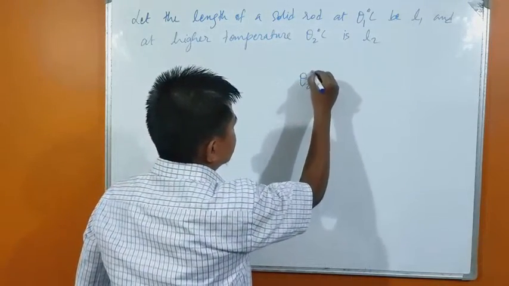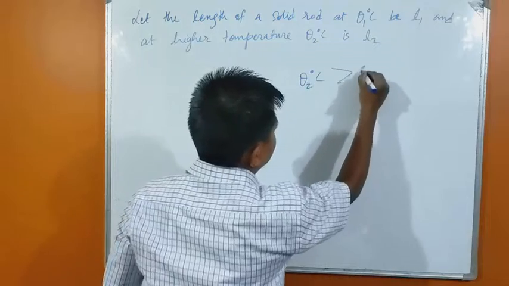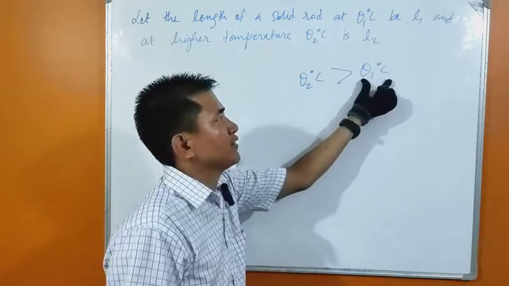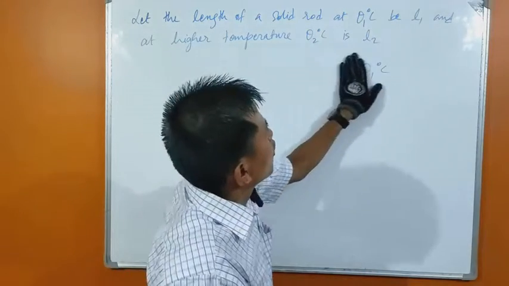Theta 2 degrees Celsius is greater than theta 1 degree Celsius. Theta 2 is the higher temperature, theta 1 is the lower temperature.